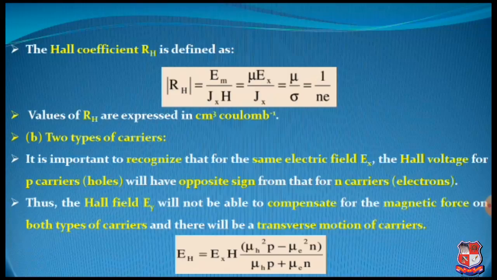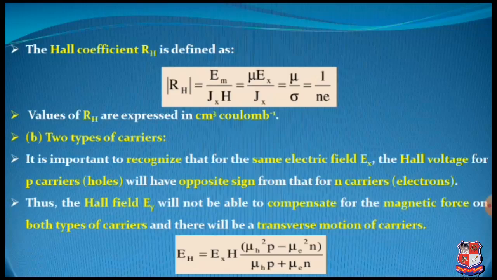So substituting the value of Em, that is equal to mu Ex, upon Jx, is equal to mu upon sigma, is equal to 1 upon n into e. So this is the simple algebraic calculation of hole coefficient. Em upon H is converted into mu into Ex, Jx is equal to sigma into Ex, so numerator Ex, denominator Ex is cancelled out.